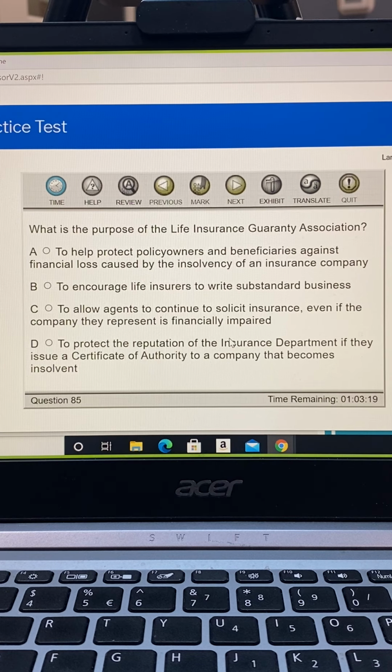What is the purpose of the Life Insurance Guarantee Association? What do you think? Is it A? All day. Protect against insurer insolvency.